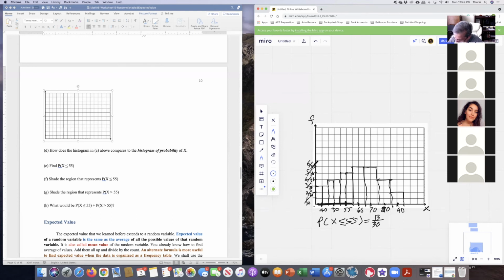Sorry, it actually goes to 55. 55 has 5/30. So it would be 5/30 plus 4/30 plus 3/30. Right. 5 plus 4, 9, 12 then. Yes. Sorry, I had it wrong. So it's 12/30. 5 plus 4, 9 plus 3, 12. Okay. Yes, thank you. I had a 13 that was incorrect. So 12/30 is the probability.